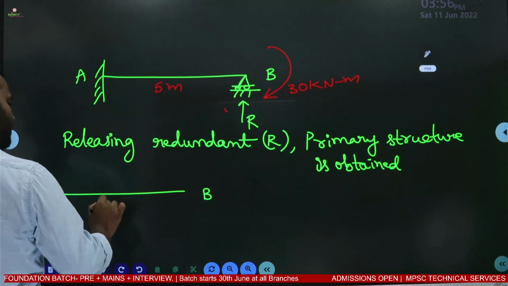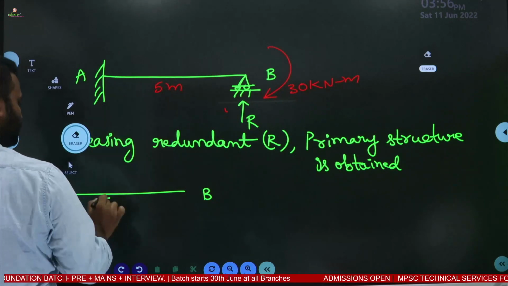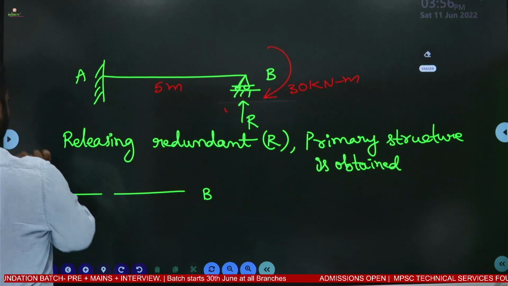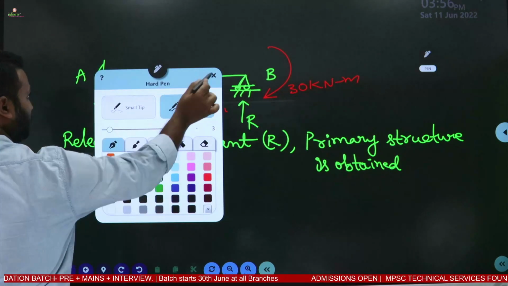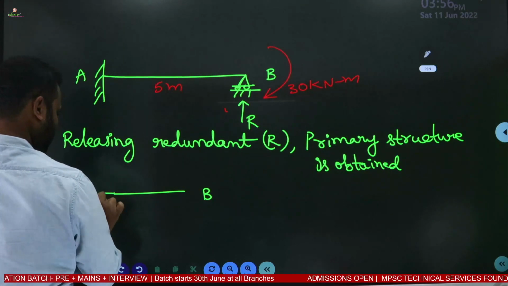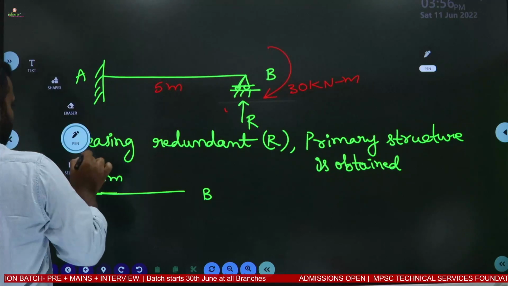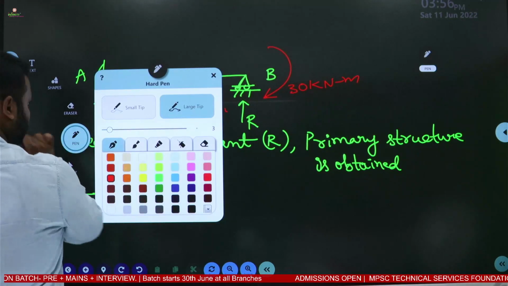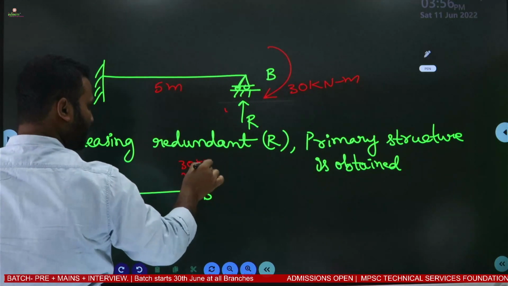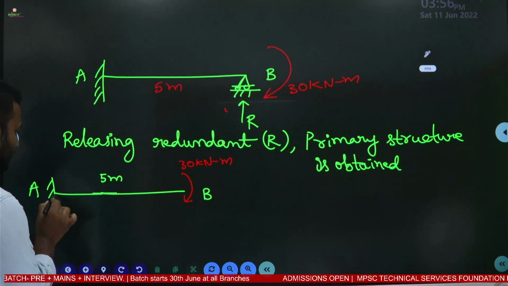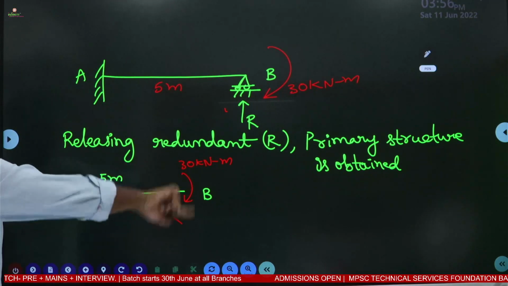AB, which is 5 meter. Here the moment 30 kilonewton meter will act. Then what is the deflected shape in this case? This is the deflected shape, clockwise rotation.